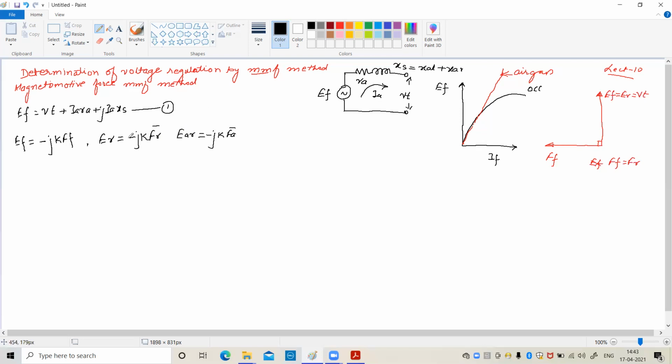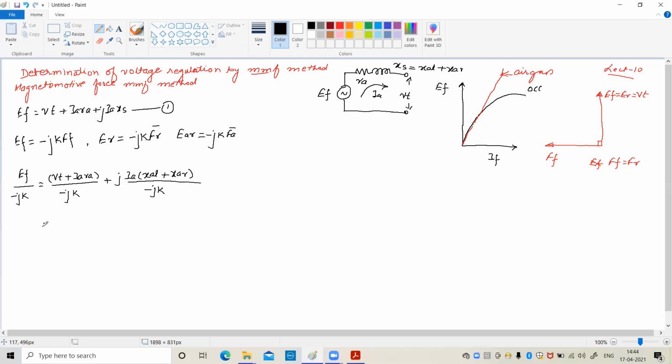So equation number 1 can be written as EF divided by minus JK equal to VT plus IARA divided by minus JK plus J IA into the bracket XAL plus XAR, which is the combination of leakage reactance and armature reaction reactance, nothing but the synchronous reactance, divided by minus JK.